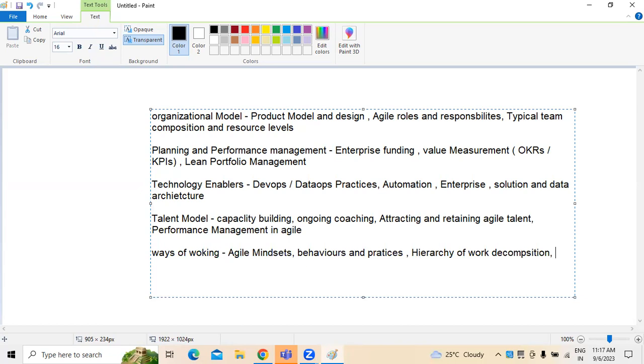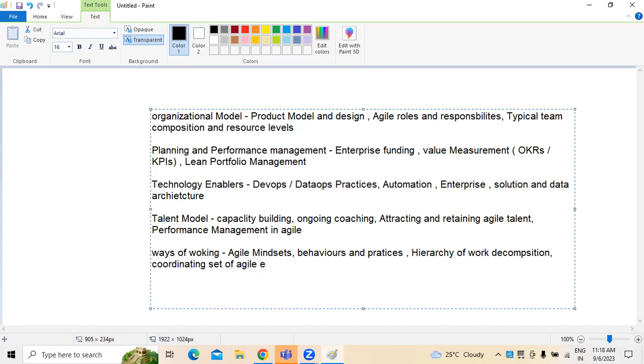This is also one of the prominent elements. At the same time, we have to inculcate a habit of coordinating the set of agile events which are essentially required in this. So these are the different dimensions, especially in enterprise agility, that we need to know.